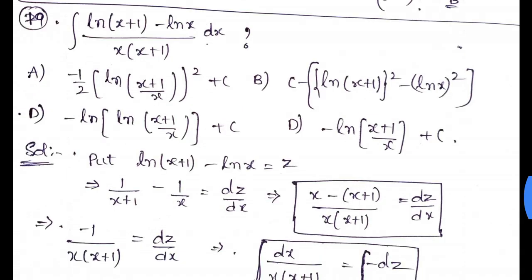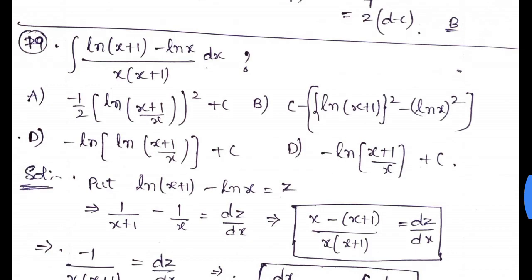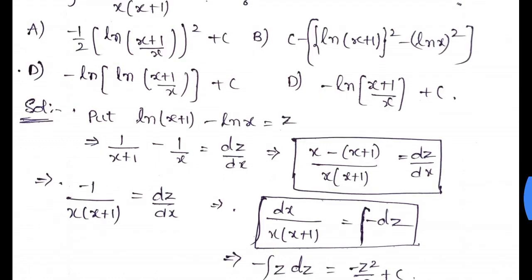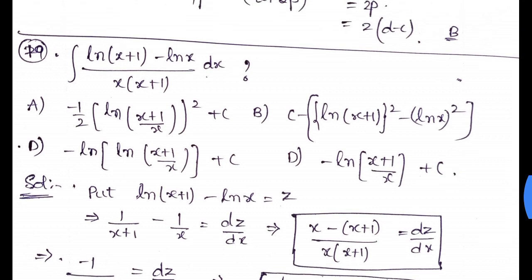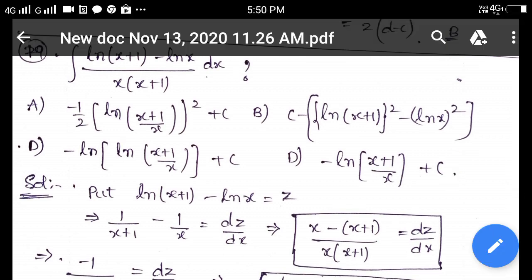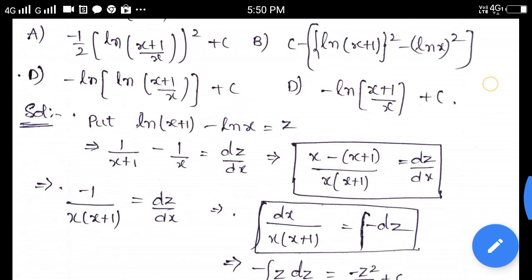Now we have formulated the question into the integral of minus z dz, which is minus z square by 2 plus c. The option is A, minus 1 by 2 (ln (x plus 1) by x) whole square plus c.